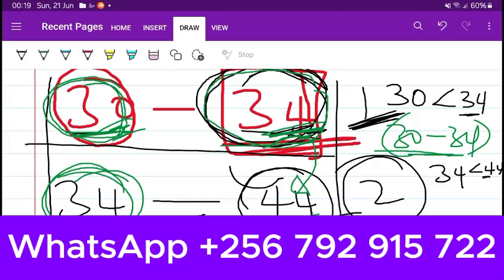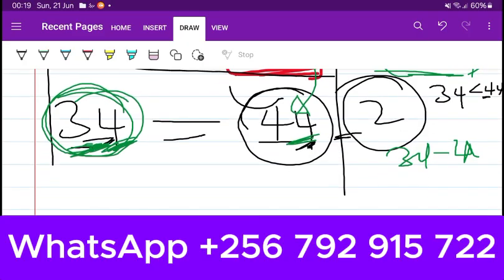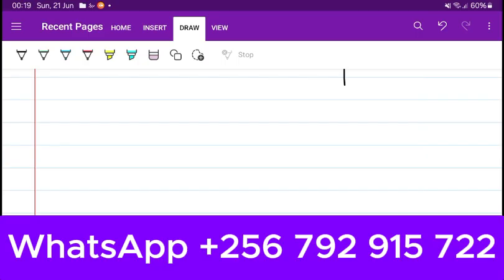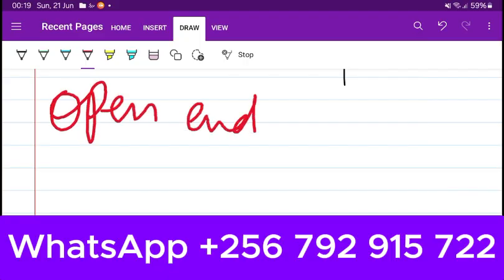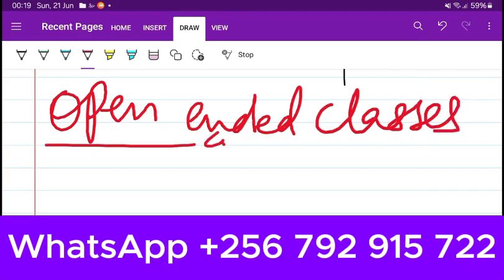Now, the third class that we want to talk about is what we call the open-ended classes. We need to understand the open-ended classes.